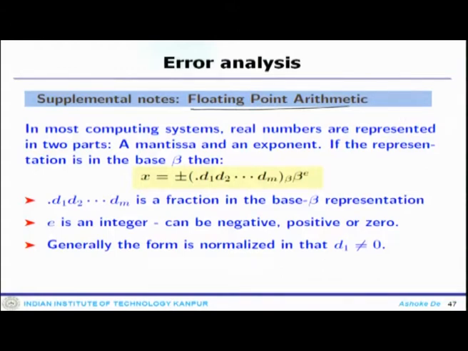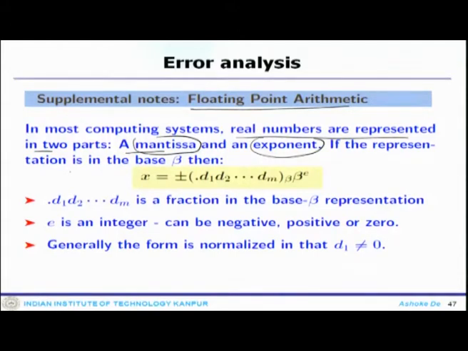This is where slowly we are moving towards the handshaking between our hardware precision, or the machine precision, and our calculation. Any real number is represented in two parts, one called the mantissa and the other called the exponent.